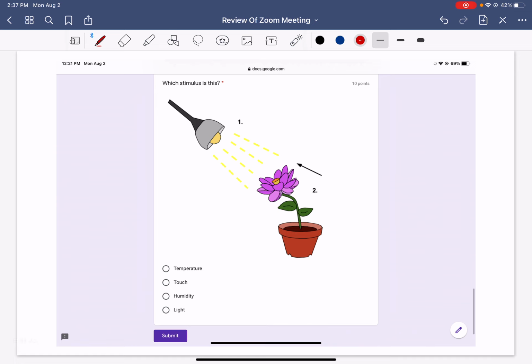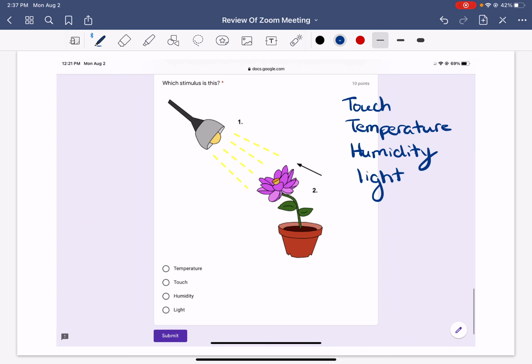Last one, plant stimulus. Which stimulus is this? Remember, we have 4 stimulus. We have touch, temperature, humidity, and light.